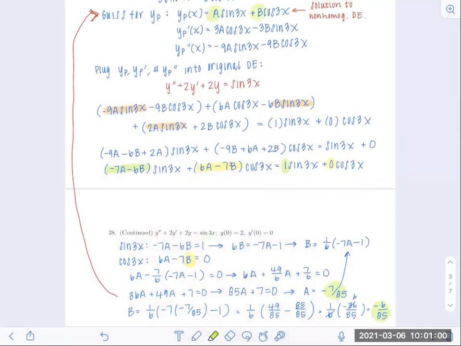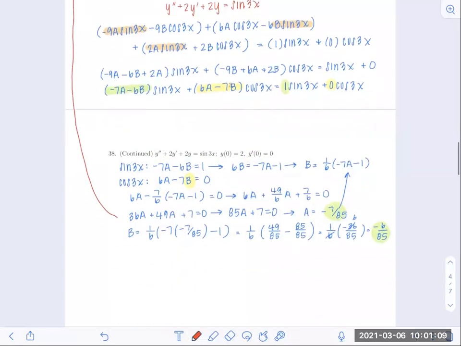A is the coefficient of the sine function, B is the coefficient of the cosine function. And let's plug those in. I'll keep it in red because it's important. So Y sub P of X is negative 7 over 85 times sine of 3x minus 6 over 85 cosine of 3x.